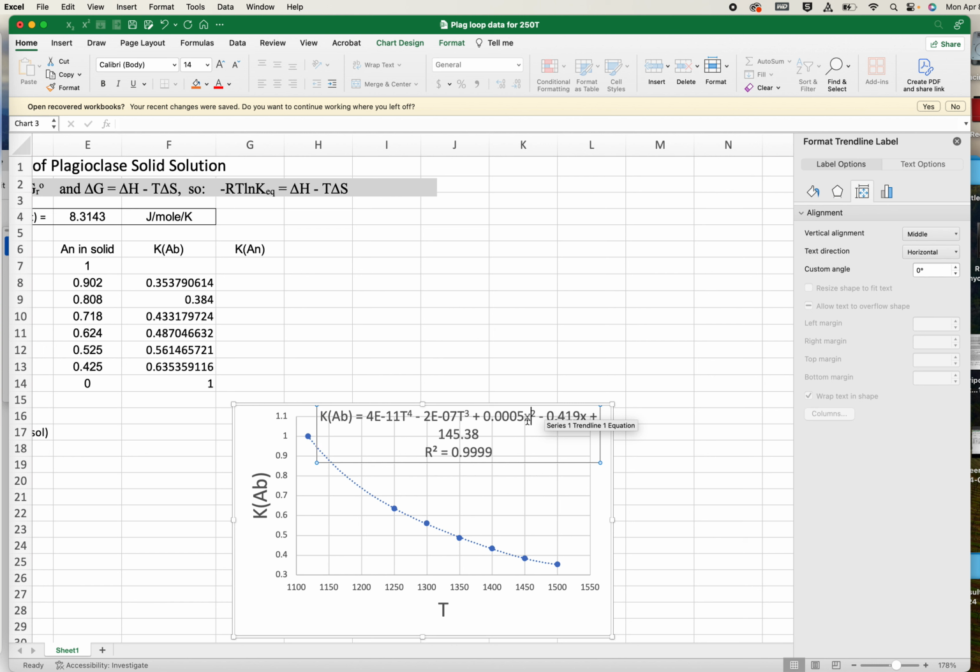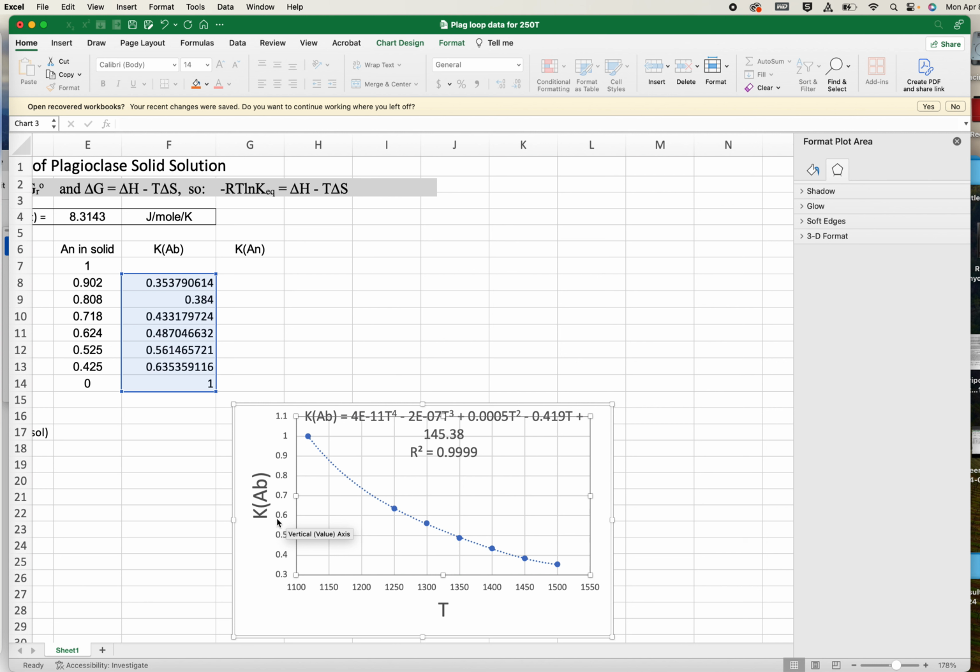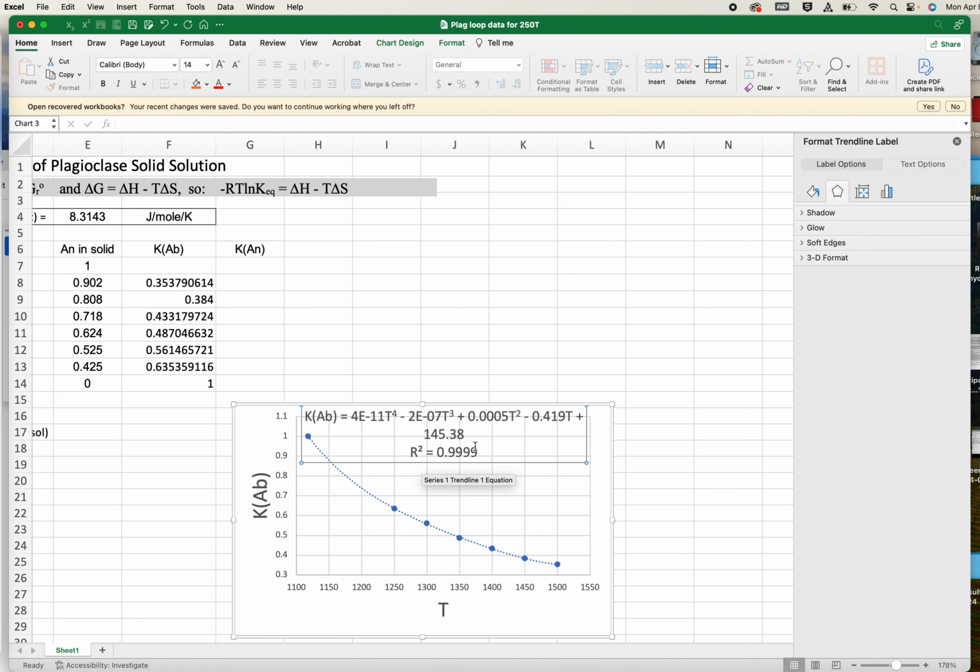So we've got a fourth order polynomial here, and we can describe this variation in the equilibrium constant as a function of 4 times 10 to the minus 11 times T to the fourth power minus 2 times 10 to the minus 7 T to the third power, etc. When you see this 4e, that means basically 4 times 10 to the minus 11. And this is minus 2 times 10 to the minus 7, etc.